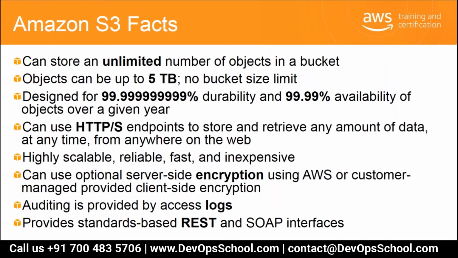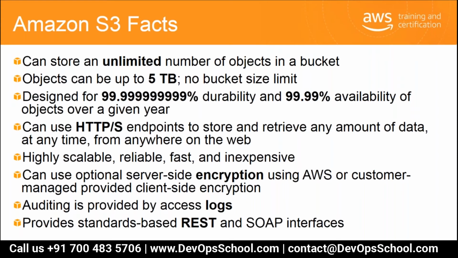It also provides you an option of using server-side encryption for your data at rest. When you store data in an S3 bucket, you can encrypt it. And you can always do auditing by access logs. You can check access logs as to what data is coming in and going out of S3.